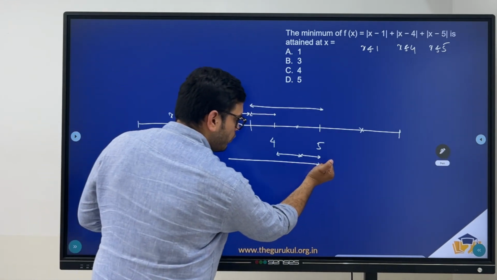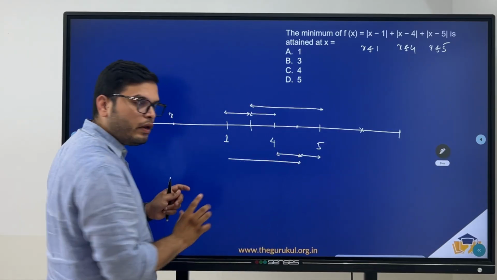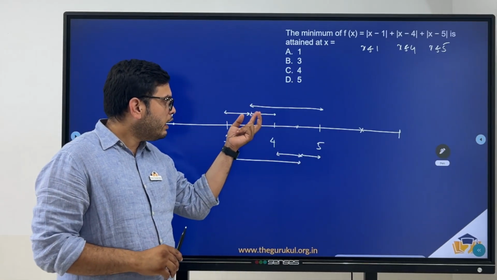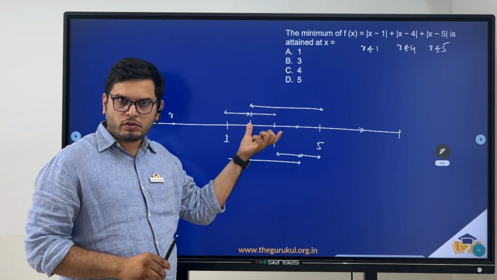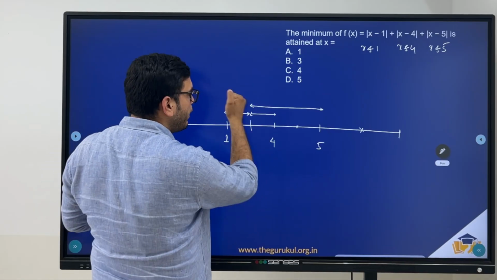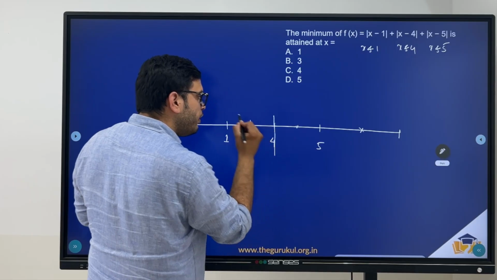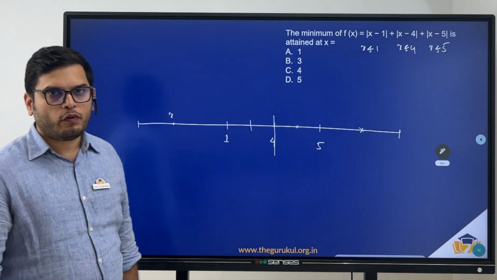So not this, till here. Now if you observe, this distance is being repeated, right? Now let's try eliminating the repeating distance, right? Now what is that repeating distance? Distance between x and 4. Now to eliminate that, to get the minimum value, we should be considering the value of x as 4, right?